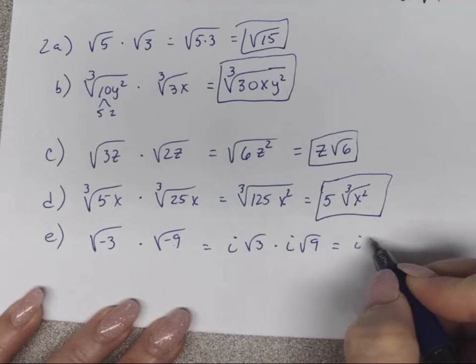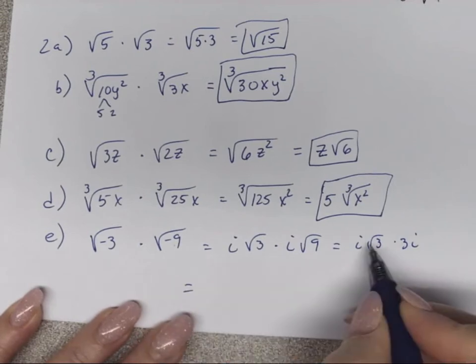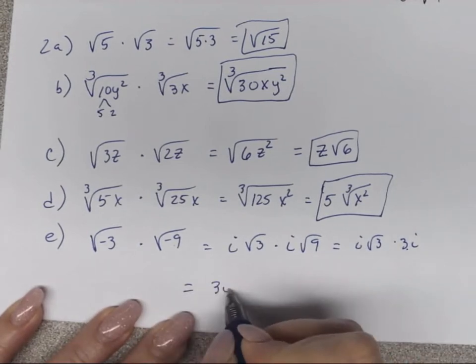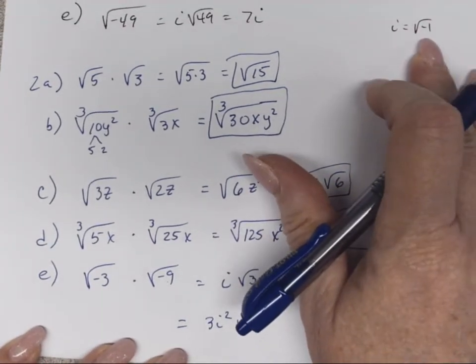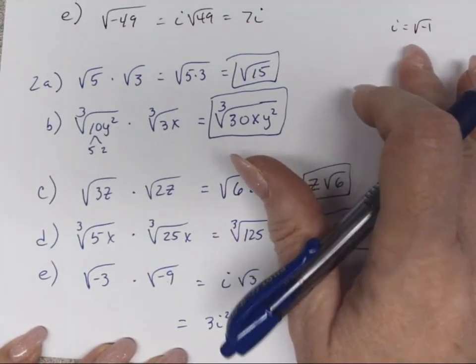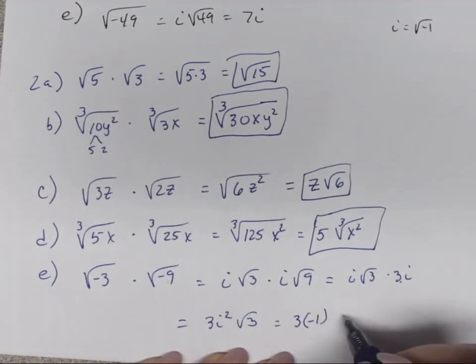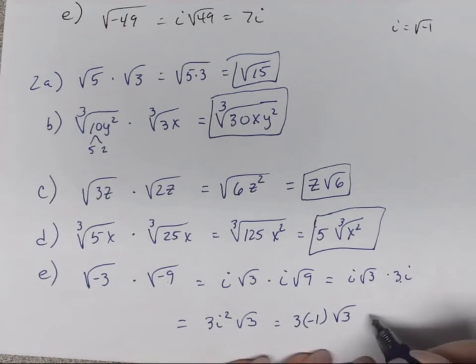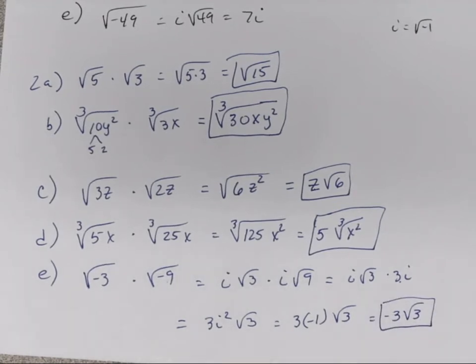So this would get me i square root of 3 times 3i. i times 3i would get us 3i squared times that square root of 3. i squared is going to be equal to -1, because remember we talked about i is equal to the square root of -1, and if you multiply that by itself or you square it, you will get -1. So this is 3 times -1 times that square root of 3. So this will become -3 square roots of 3. And that would be your final answer on that one.